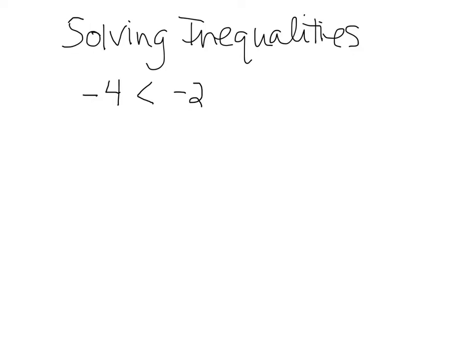So let's think about this idea of whatever I do to one side, I can do to the other. Let's make sure that this would be true no matter what. Okay, so -4 is less than 2. If I add a positive number to both sides, it's still true.